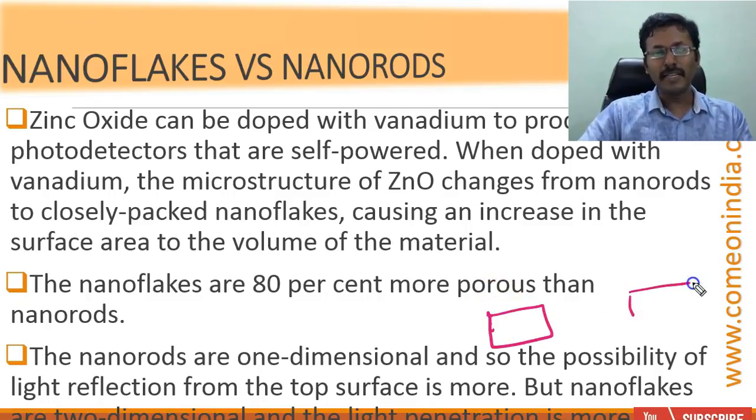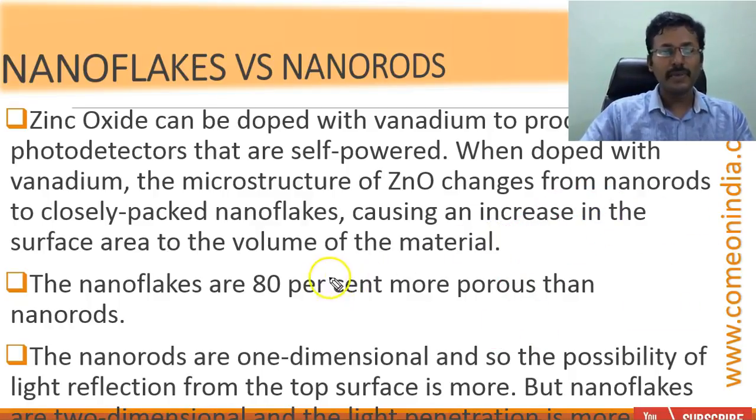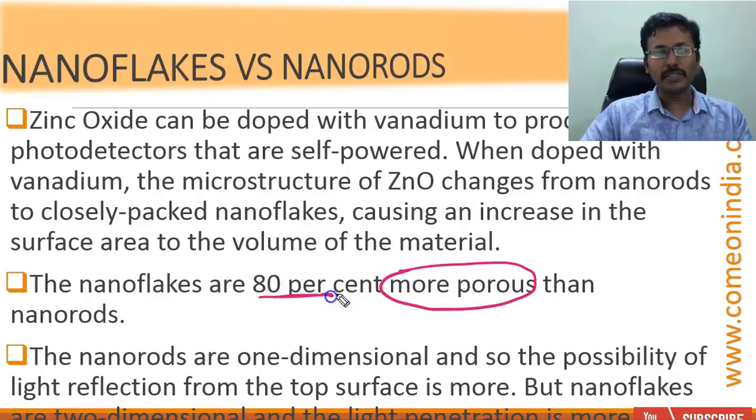Volume of the material is same in both cases, but surface area increases in the nanoflakes. So it is a flake, it is a rod. In the nanoflakes, surface area is much higher when compared to nanorods. So because of that, nanoflakes become more porous.